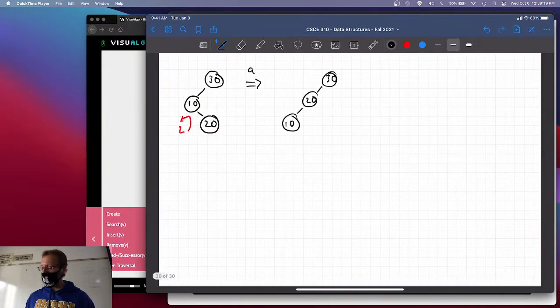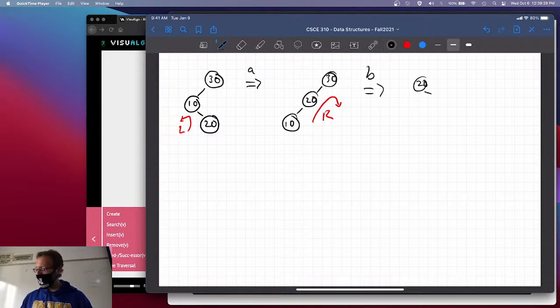So I do a left rotation, and then I do a right rotation, giving me, that's part B, 20, 30, and 10. So this is called a left-right rotation. It's a combination of the two.